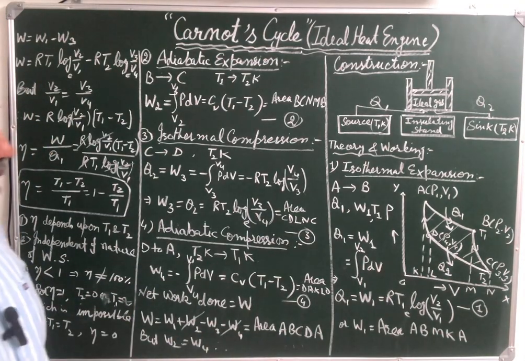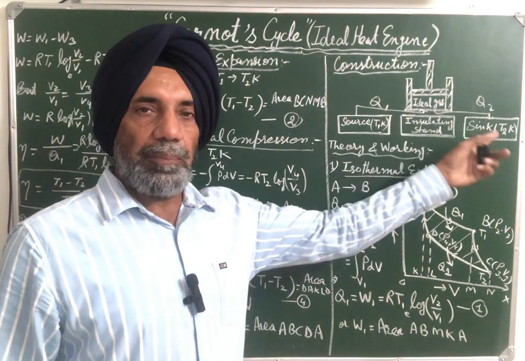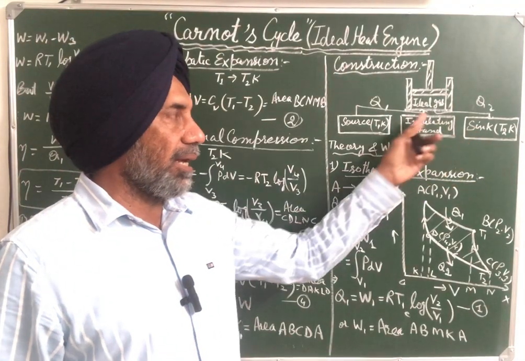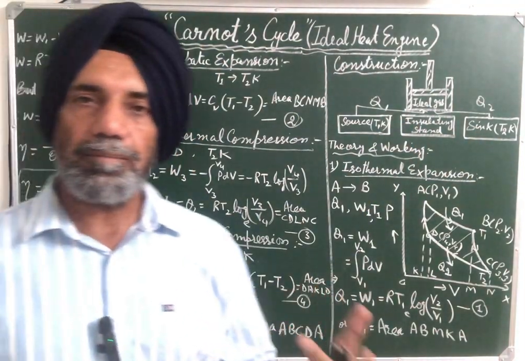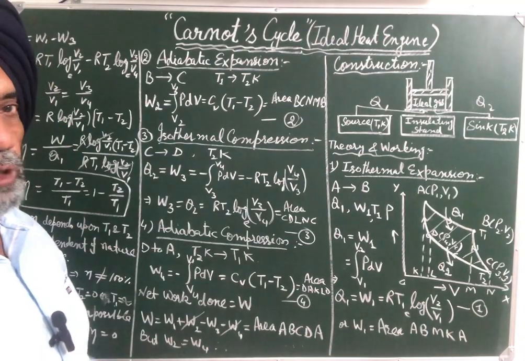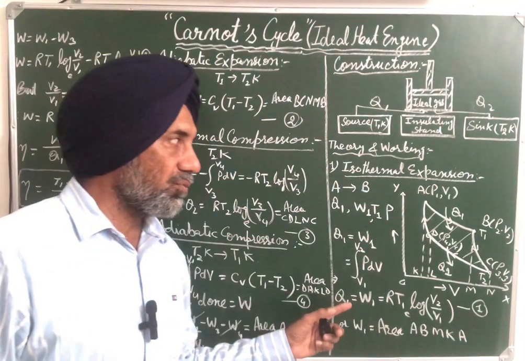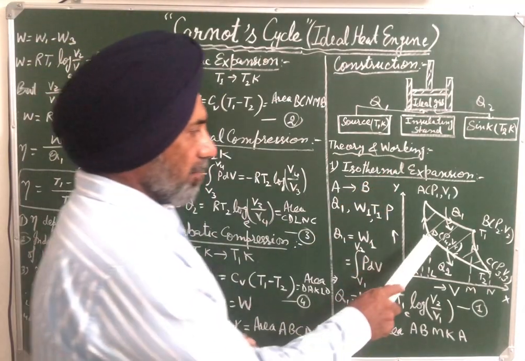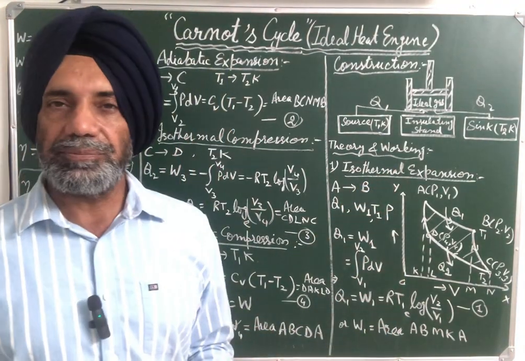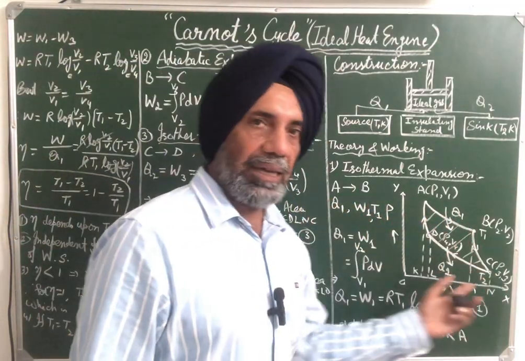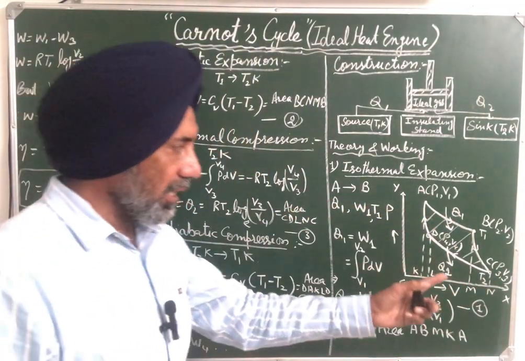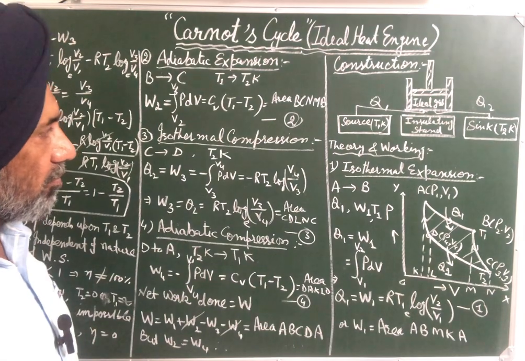Then after this isothermal compression, the cylinder is again brought in contact with the insulating stand to complete the cycle, and the gas is further compressed from volume V4 to V1, that is from D to A, the initial volume, to complete the full cycle from A to B, then B to C, then C to D, then D to A again.